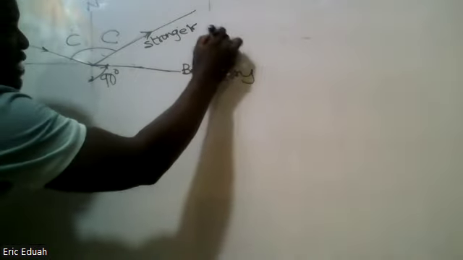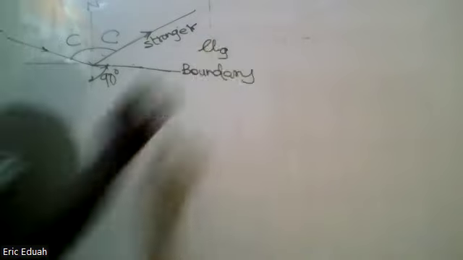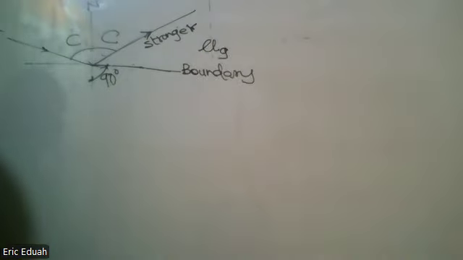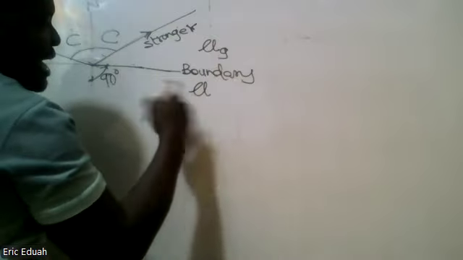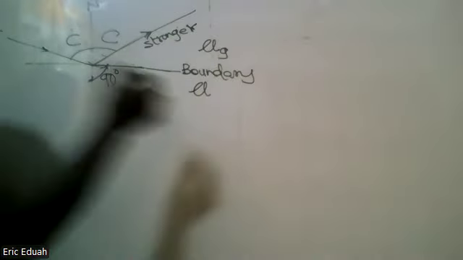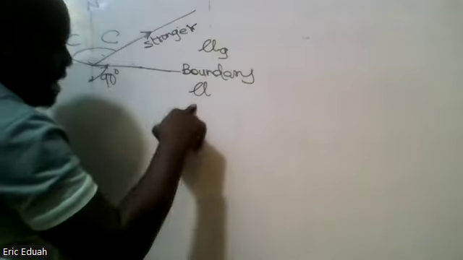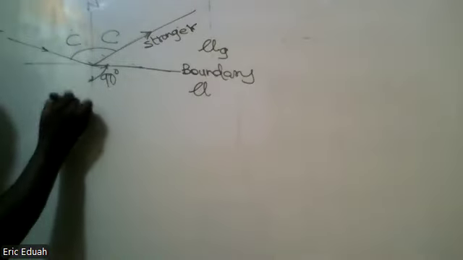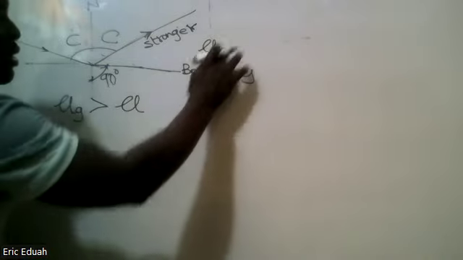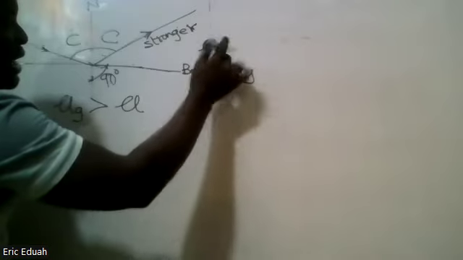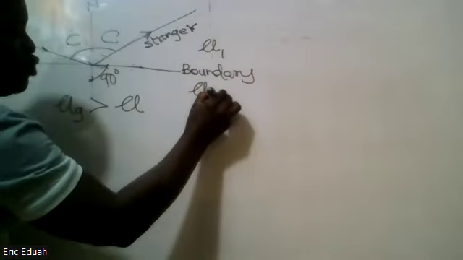Let's assume the refractive index of glass is mu 1, and the refractive index of another medium, which I would call air, is mu 2.